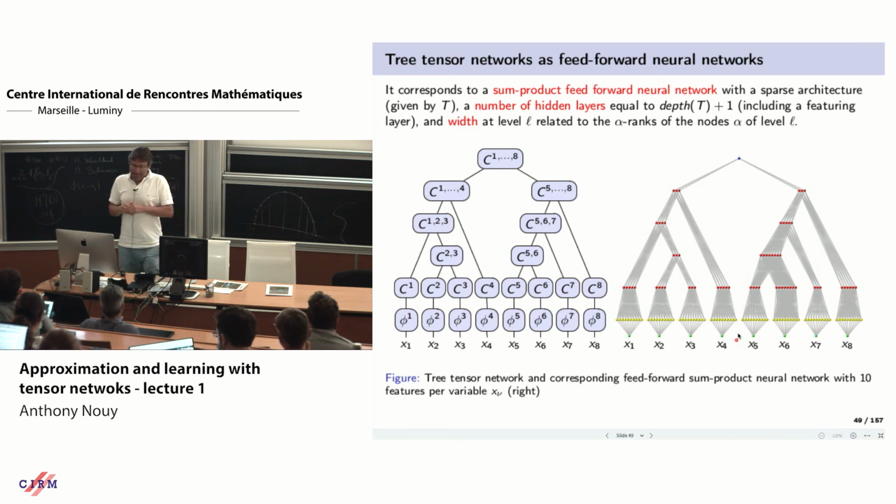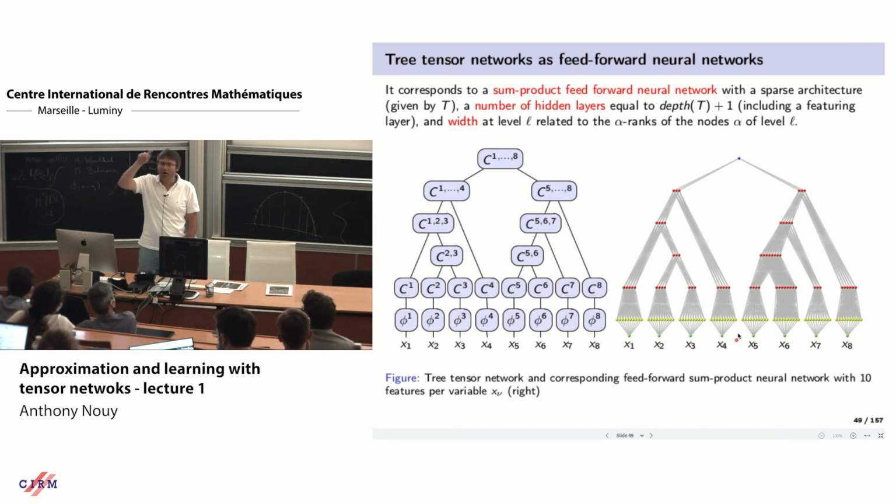Now, if you ask me the question, is there a tensor with a given rank? I give you R and I want a tensor with this rank. In fact, there are ranks for which there does not exist any tensor with these ranks. There are some compatibility conditions. If you remember, the conditions that have to be satisfied by the minimal subspaces, like the rank alpha is below the product of the ranks associated with any partition.